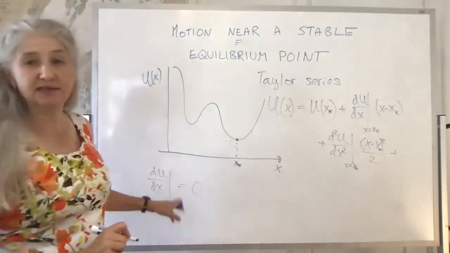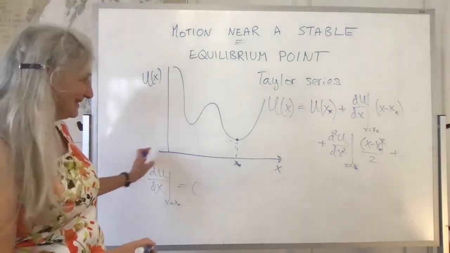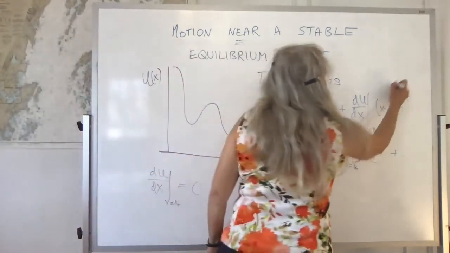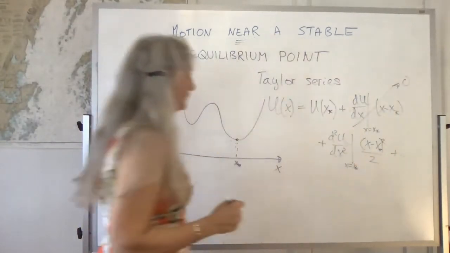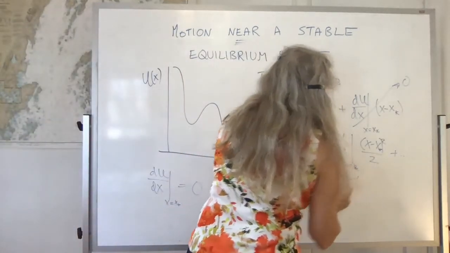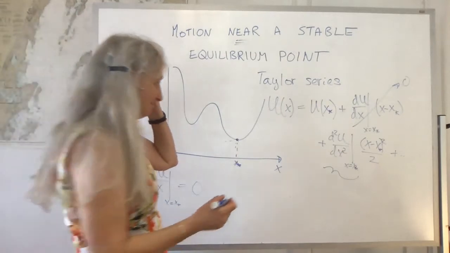That the derivative vanishes at that point. Otherwise, it wouldn't be an equilibrium point, because this gives us the force. So that's convenient. This goes to 0 near the equilibrium point. So I can define something new. This is a constant. It's not dependent upon position.